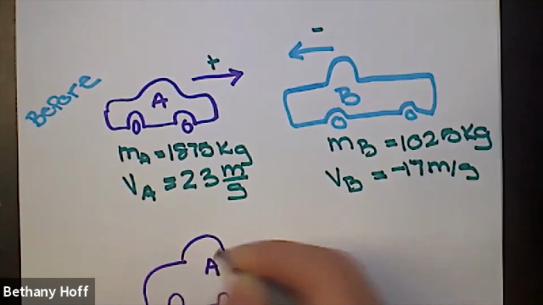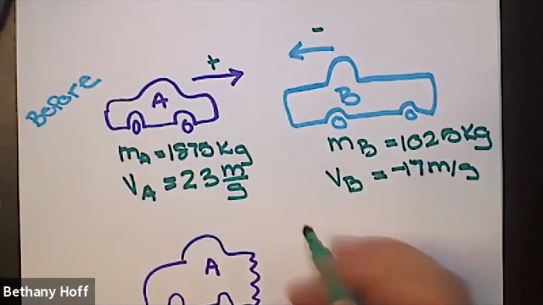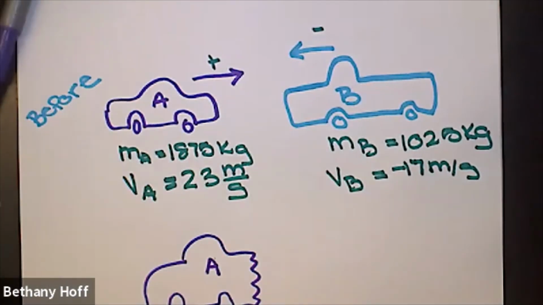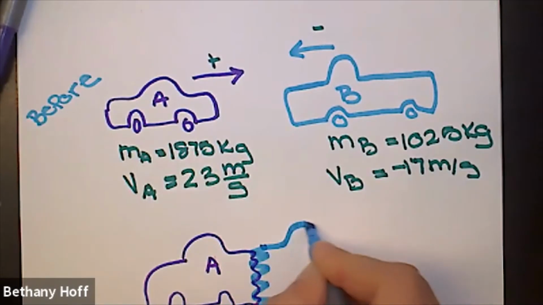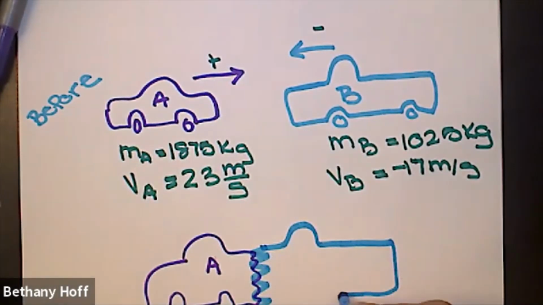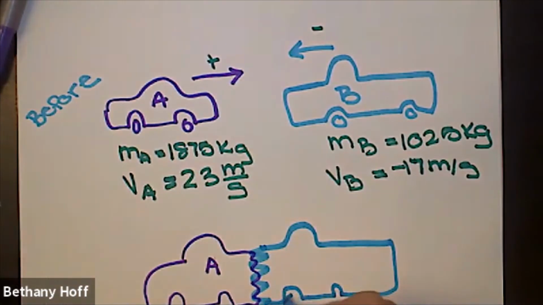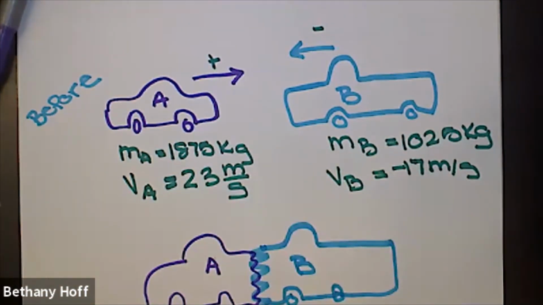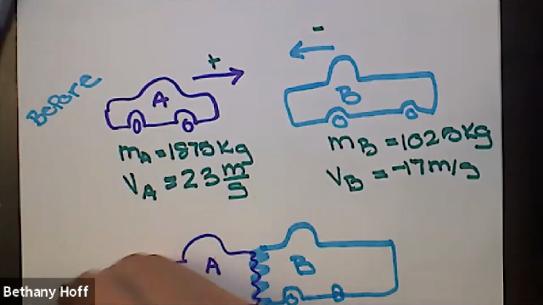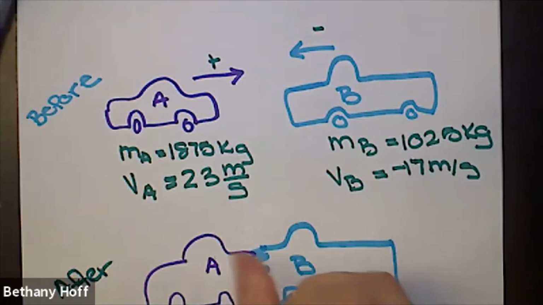This is A, and it collides with B. Now we want to know their velocity, the velocity of A and B. And the velocity of A and B is going to be the same because they are moving together as one.